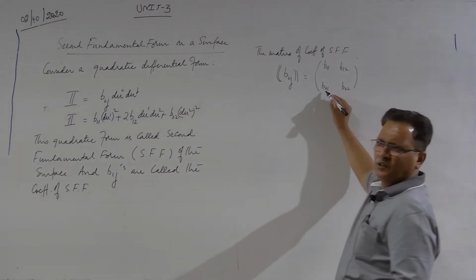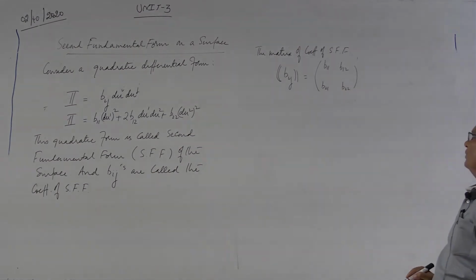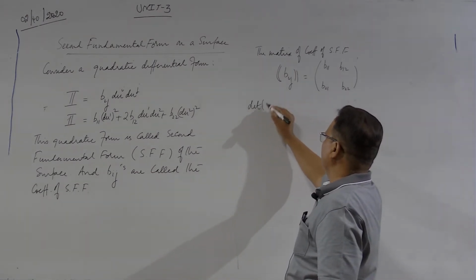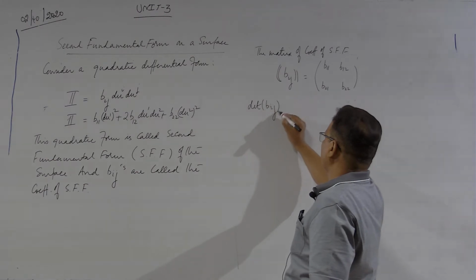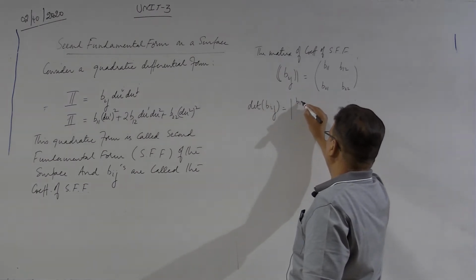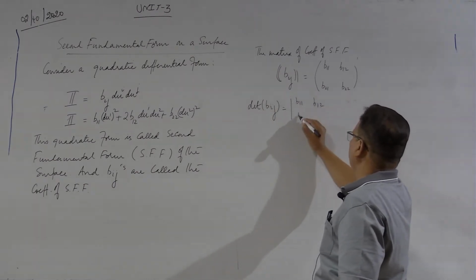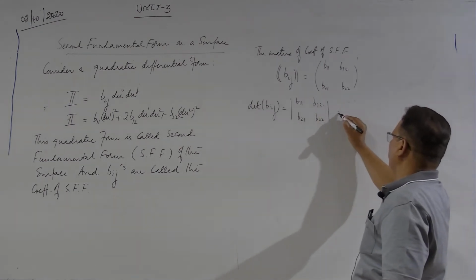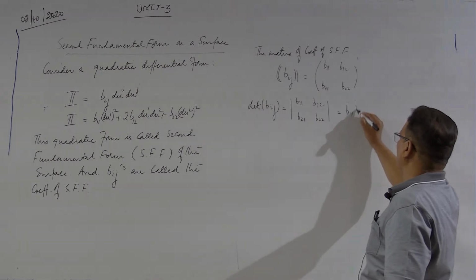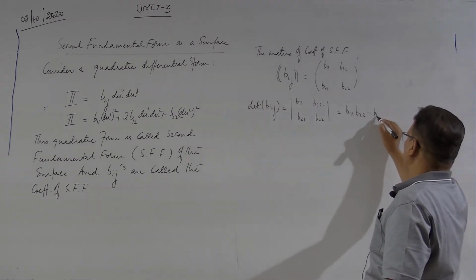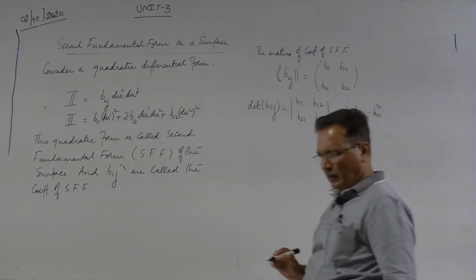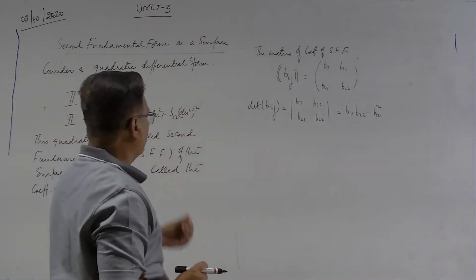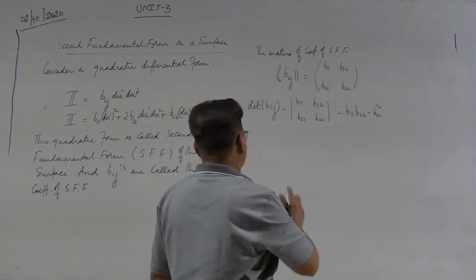You can write this also as B12, because both of them are the same, and the determinant of Bij will be this determinant B11, B12, B12 or B21 and B22. When you expand it, it will be B11 B22 minus B12 square. All right. Now, some more important relations, they may be useful to you.